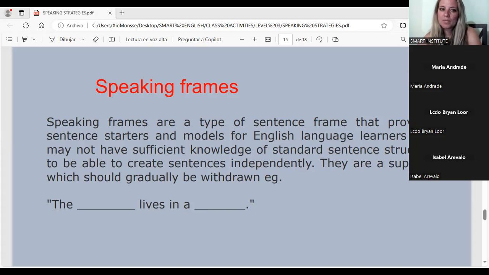Okay, speaking activities. I don't know how your schools teach English. Maybe they are a school where English is separated by skills.